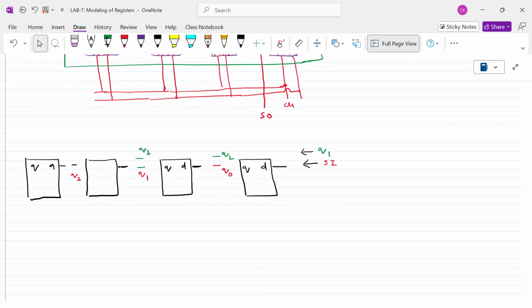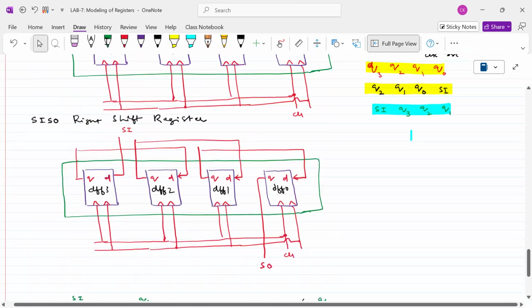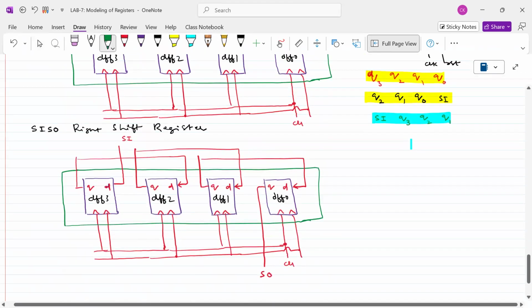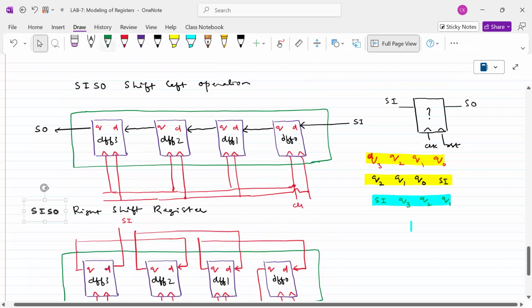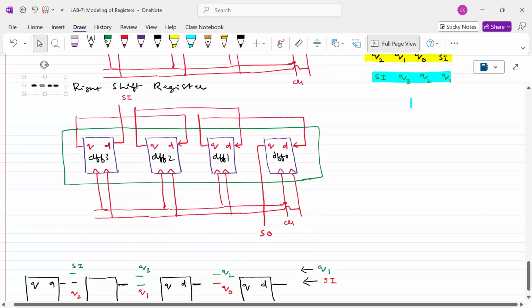Q3. Where is the other input coming from here? Serial, right? It should be serial. So we can see that one input is coming from serial in the case of the shift right operation. In case of shift left operation, it is coming from Q2. Okay, and that's what we can see.